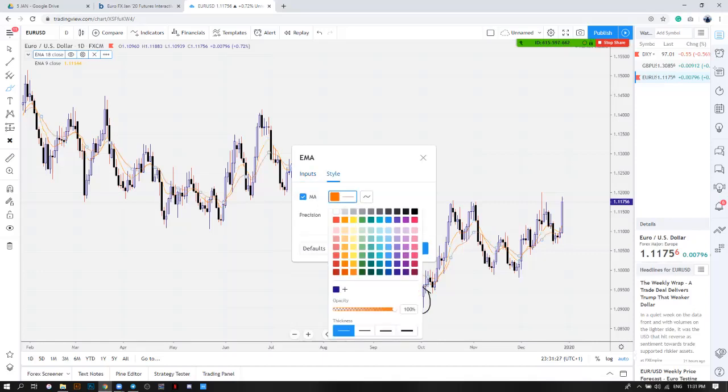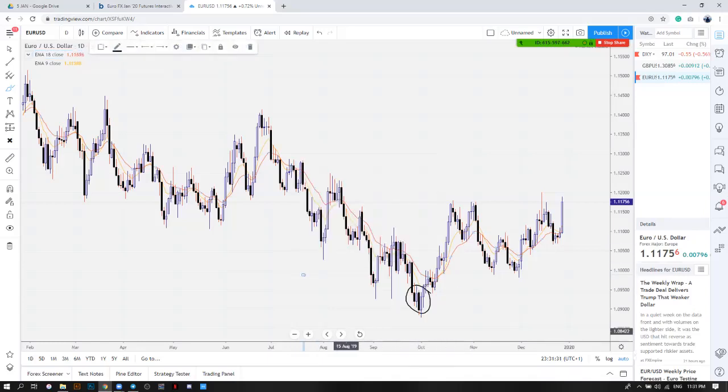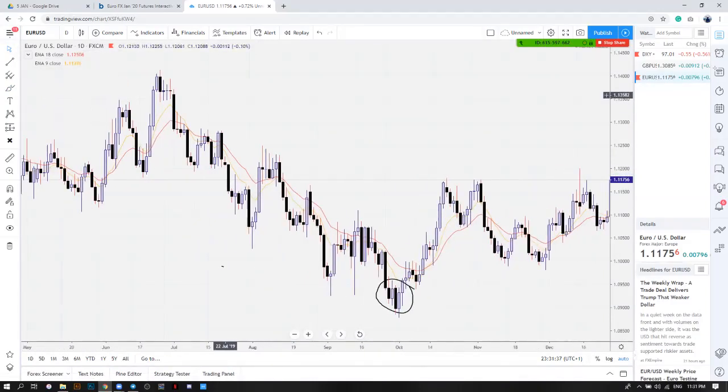The 18 we'll make red. Notice how when the market was on a downtrend, the EMAs crossed over to the downside. These confirmed that there was a shift in market direction to the downside.